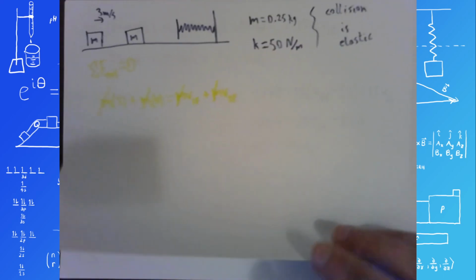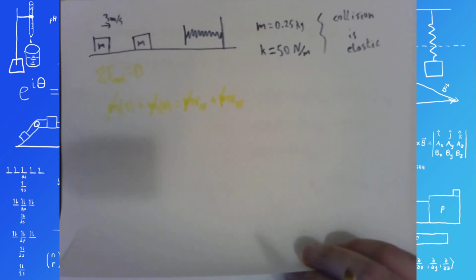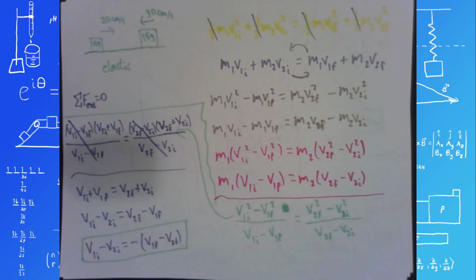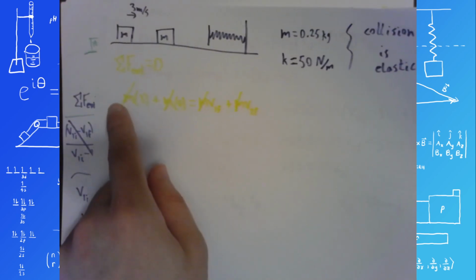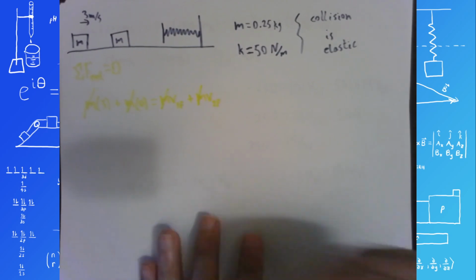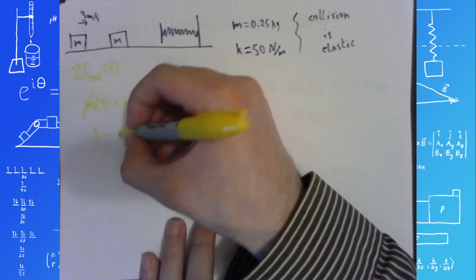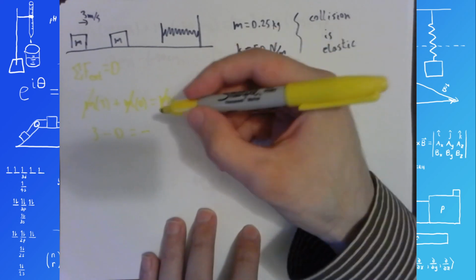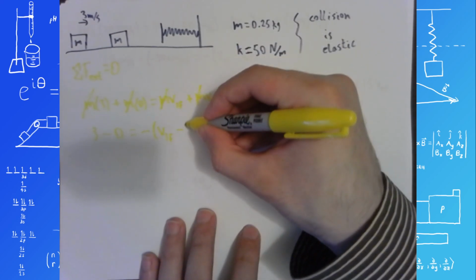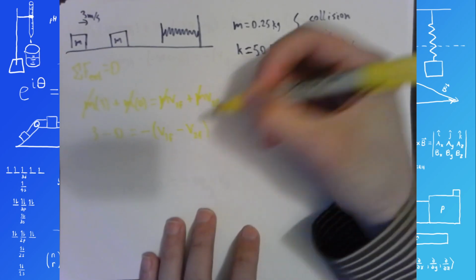We also know from what we derived earlier that this relationship must be true: V1 initial minus V2 initial, which in my case is 3 minus 0, is equal to negative V1 final minus V2 final.